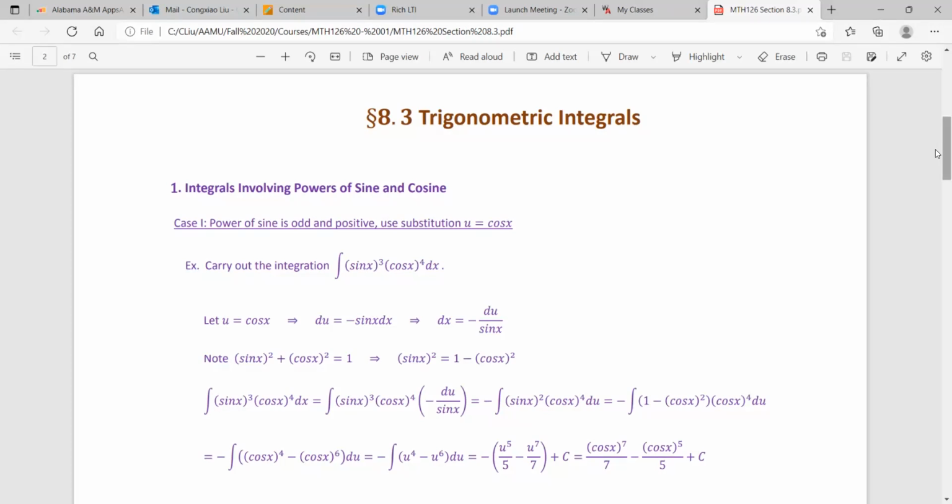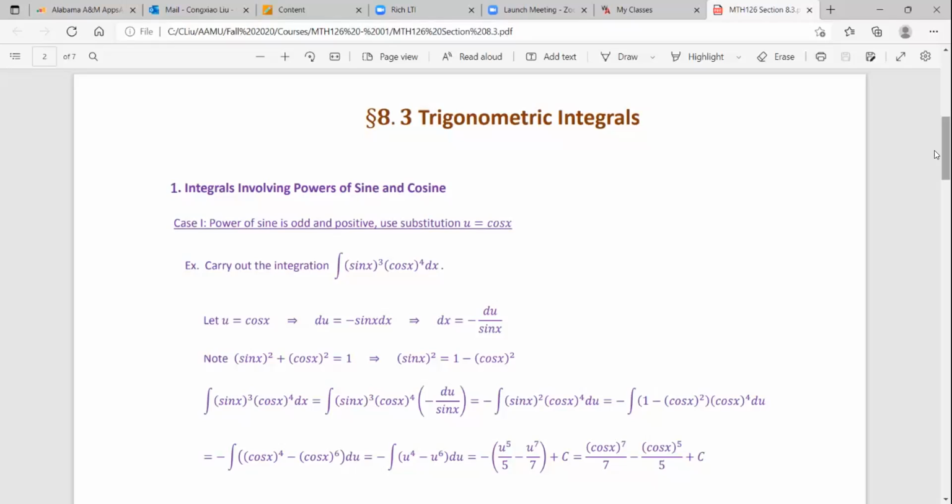Now, just replace cosine x by u as we defined. The whole thing becomes negative integral of u to the fourth minus u to the sixth du. Then we can integrate easily using the power rule for u.